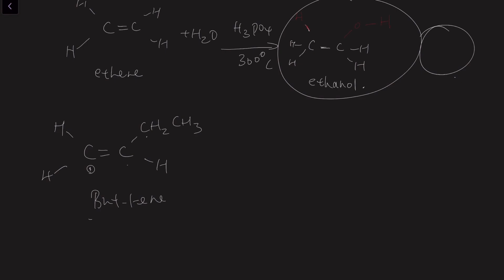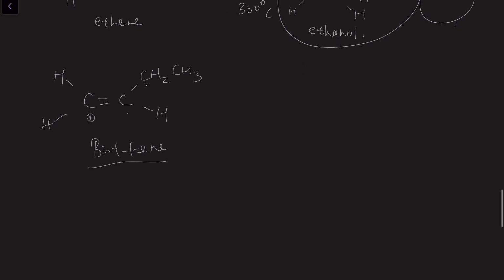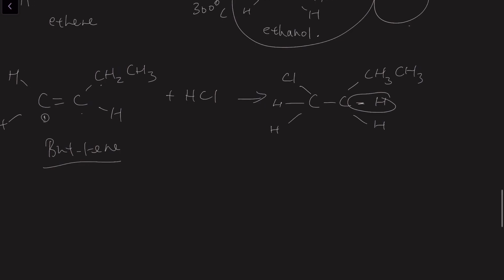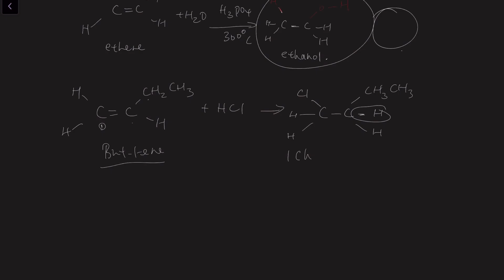So this is the molecule. And let's add this with HCl. And we know that the product would be, we add H on one side and we add Cl on another side because it is an addition reaction. So when we look at the product, it becomes 1-chlorobutane.